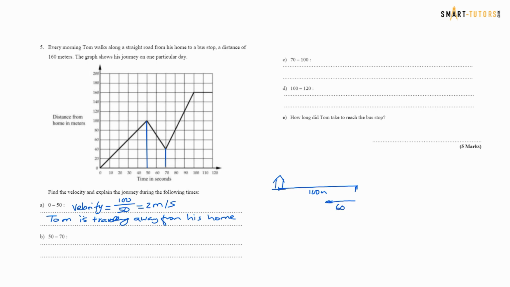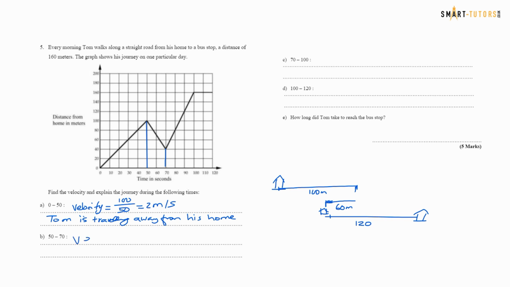So he's going for 60 meters to somewhere, a shop or something. Then from there, he's going from 120, which is a further 60, to reach his bus stop or somewhere. So that's what's happening. So 50 to 70.